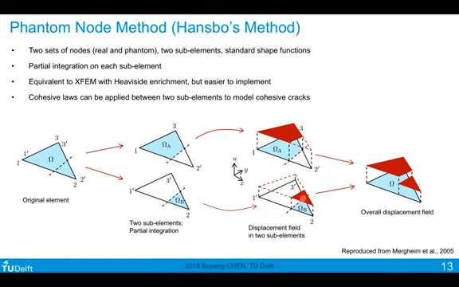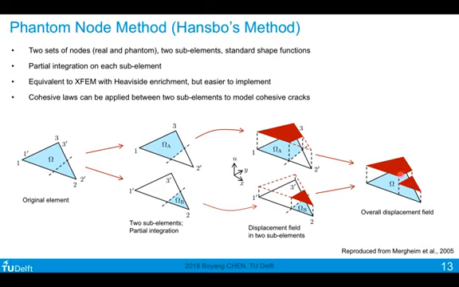You use your Heaviside localization function to only integrate on the subdomains which contain material, and then you assemble the two back into the original element domain, and naturally you would see a jump in the displacement field when there is a crack.